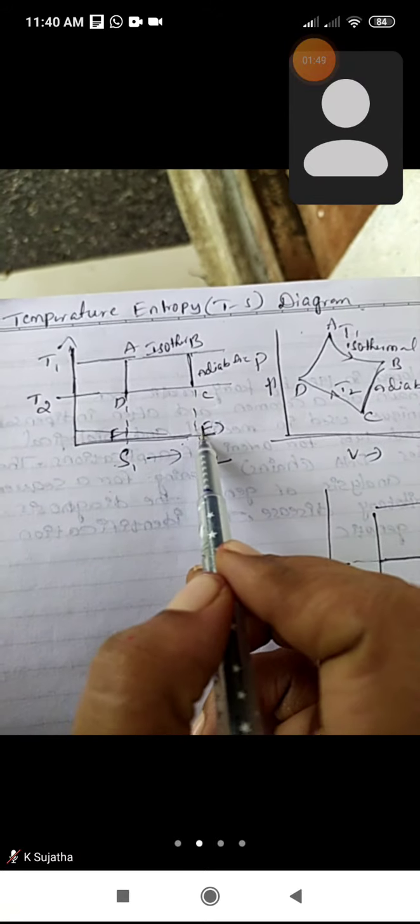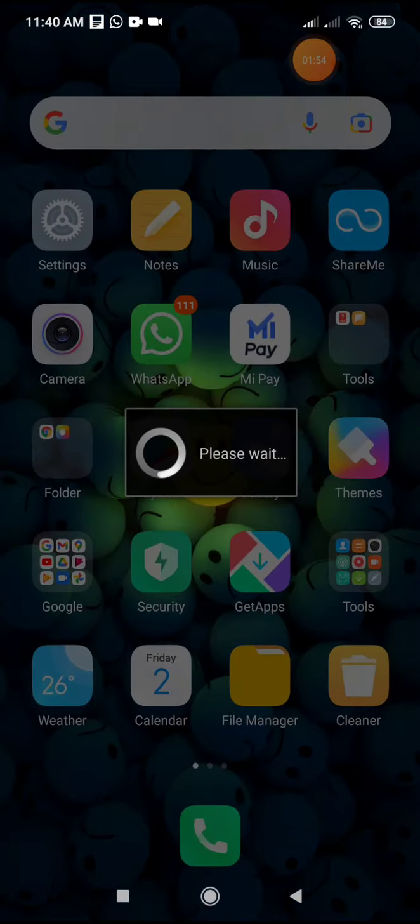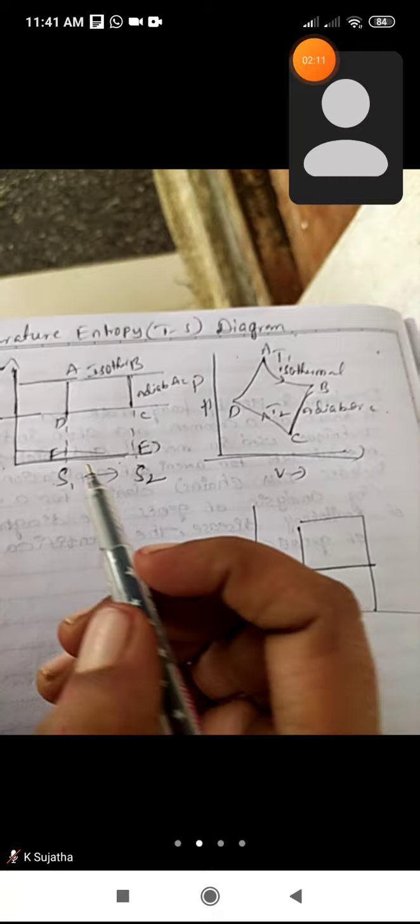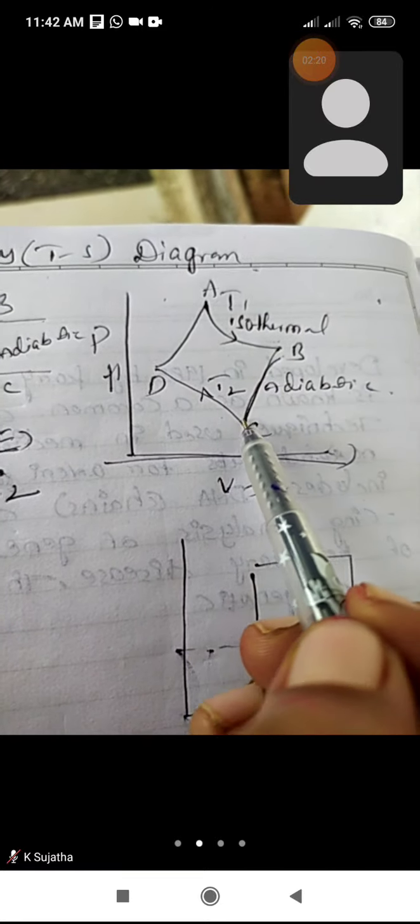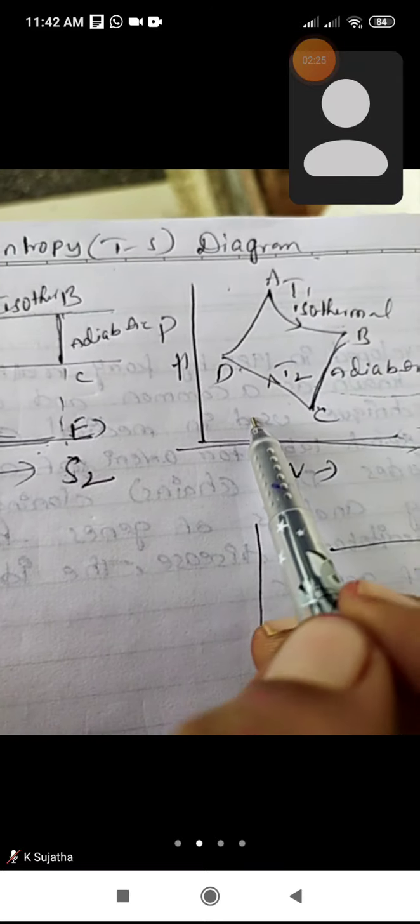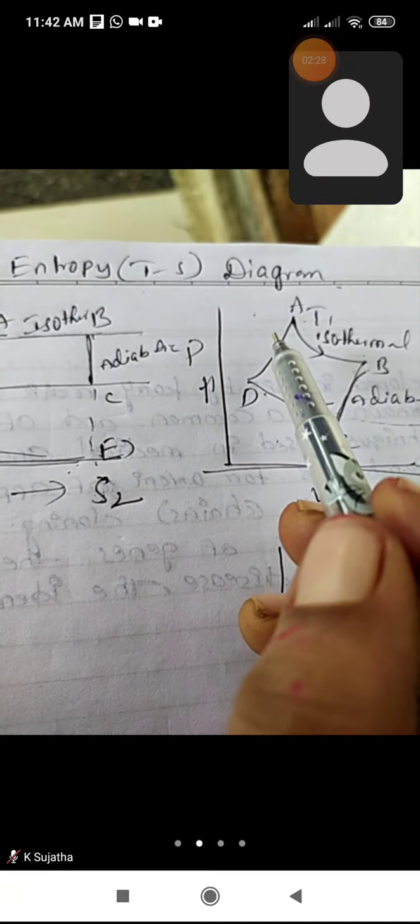When we draw the graph between entropy and temperature, there are two kinds of processes. AB indicates the isothermal expansion, BC indicates the adiabatic expansion, CD indicates the isothermal compression, and DA indicates the adiabatic compression.